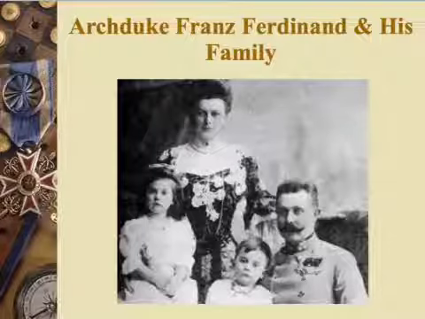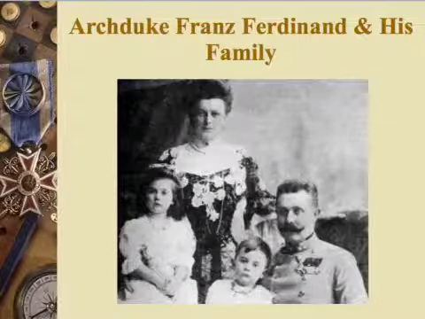There is a population of people in this area, the Serbs, that do not want to be part of the Austrian-Hungary Empire anymore, and there was some concern that if Franz Ferdinand came into power that he would not grant them independence. Although historians have realized, looking at his writings and speeches, he probably would have recognized their independence. So it's ultimately very tragic what happens to him.